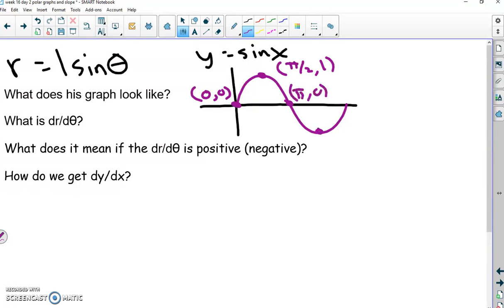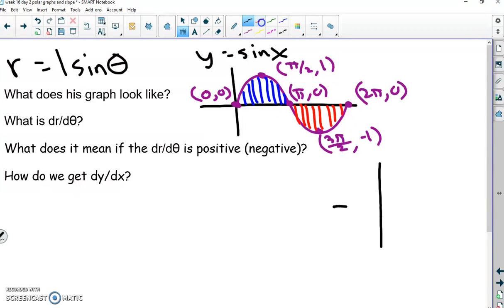This is 3 pi over 2 comma negative 1. And this is 2 pi comma 0. These are positive moments. These are negative moments.